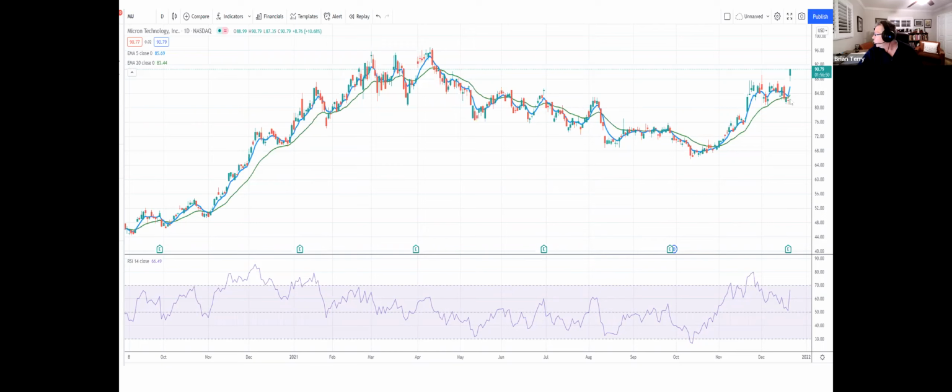It closed here. It opened here. If we looked at it on an hourly chart or a 15-minute chart, you would actually see it, but this area here is the gap.